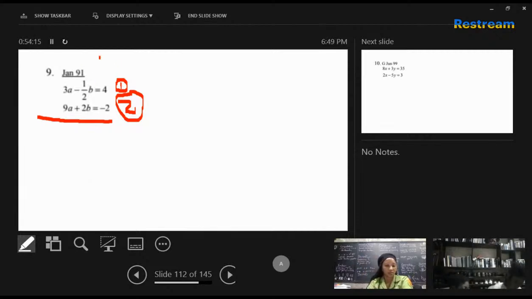So, okay, let's go. You want to free up this fraction first by multiplying each term by 2. Alright, so if we multiply each thing by 2 to get rid of the 2 in the denominator.